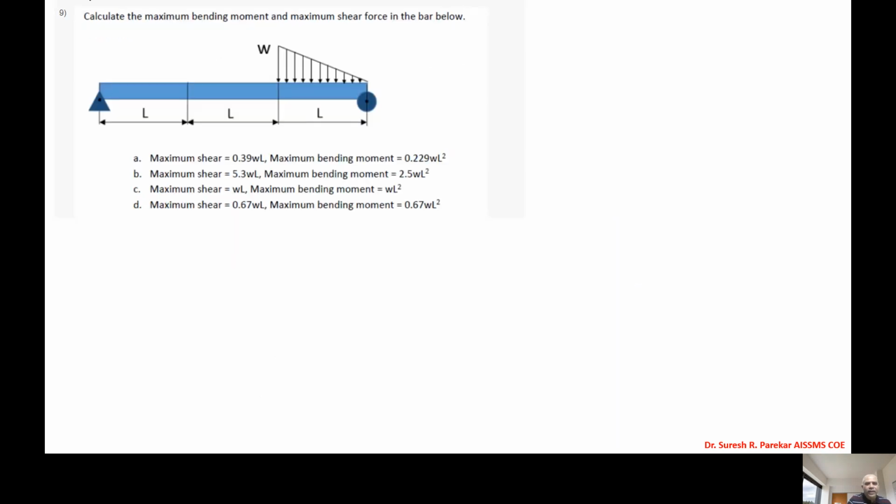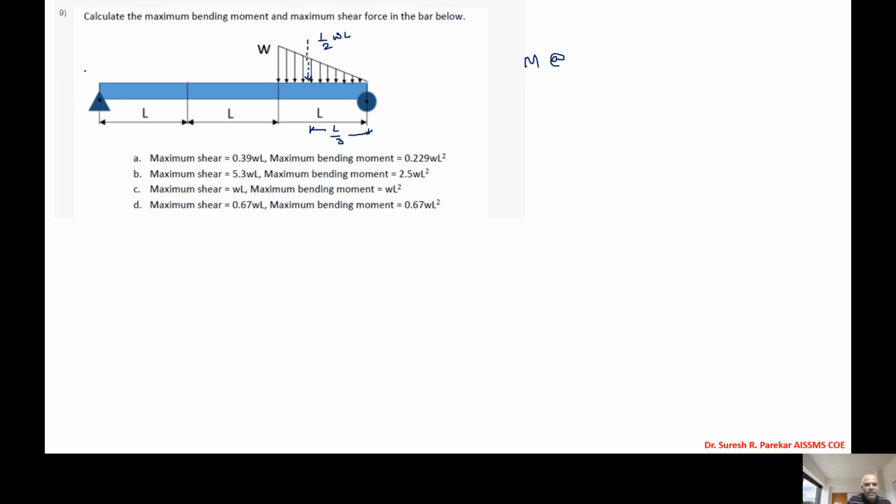Then we have to find the maximum bending moment. If we see this, we have the total load, which will be half WL, and this will act at L by 3. Now we will find the reaction.